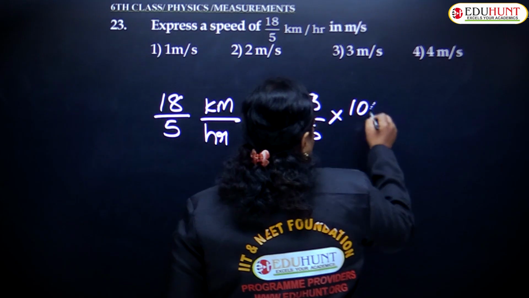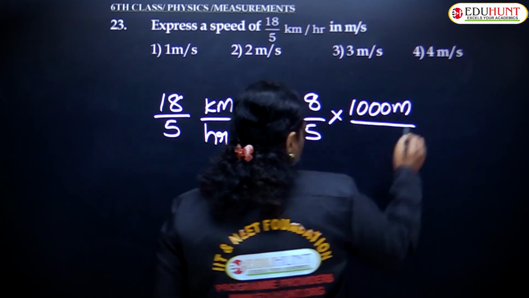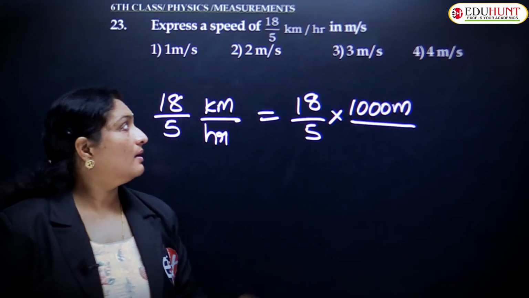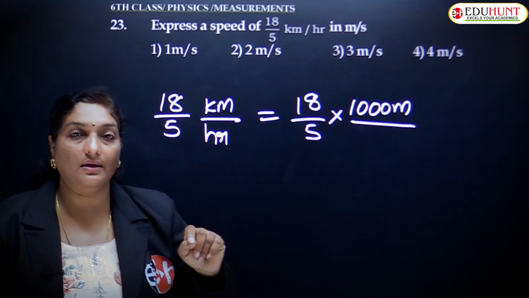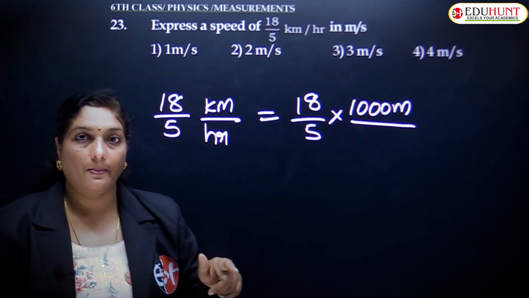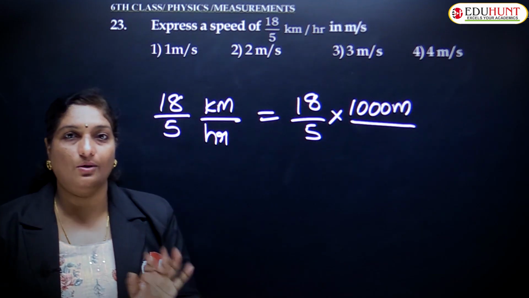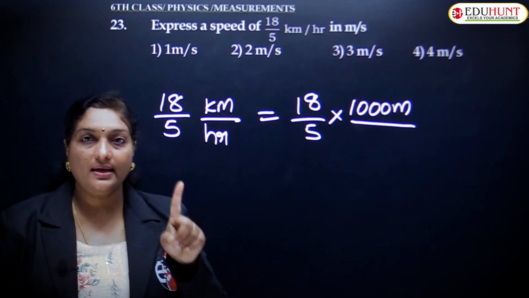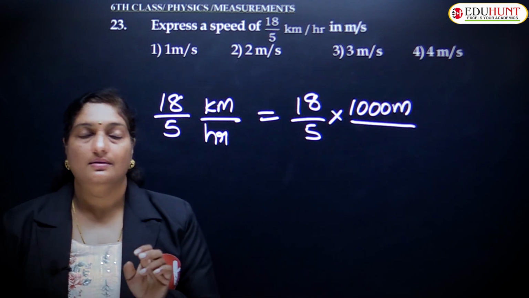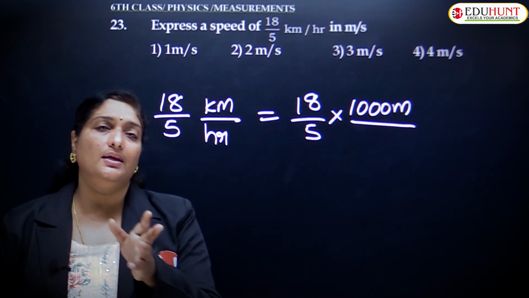So 1000 meters by 1 hour. You need to convert hour into seconds. How many seconds in 1 hour? 1 hour is 60 minutes, and 1 minute is 60 seconds.